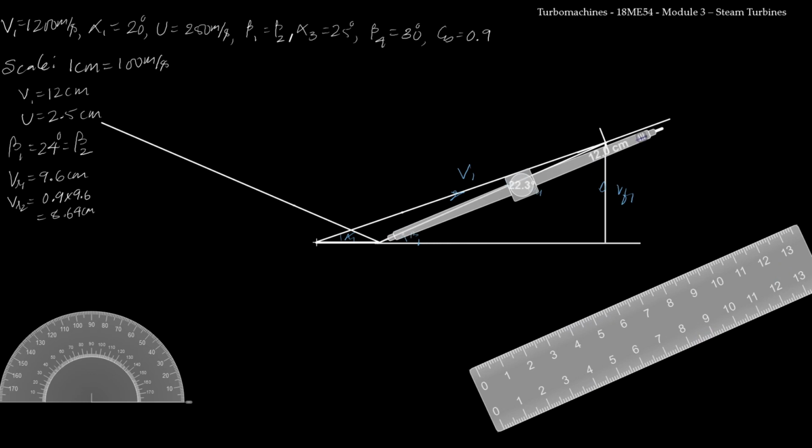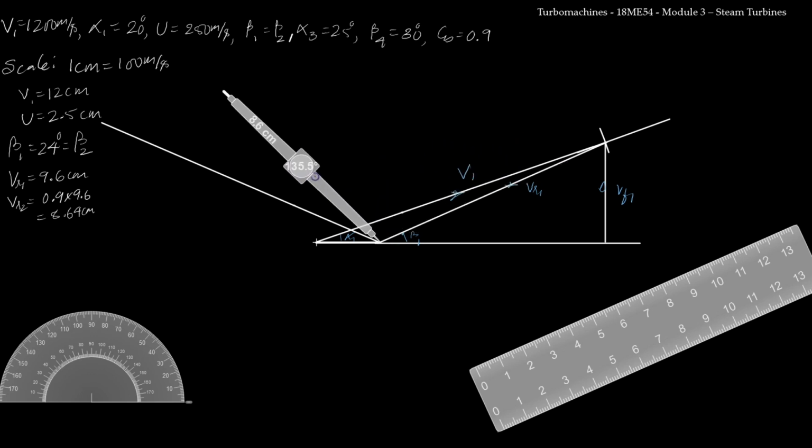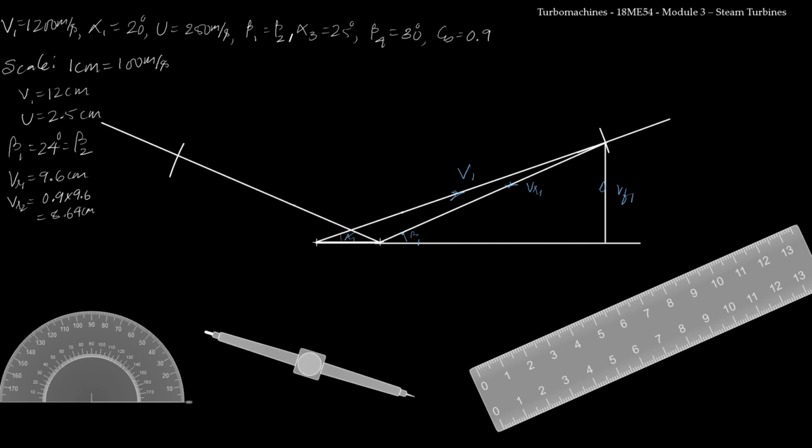I'll reduce its length to 8.6 centimeter. Then I'll take the compass to the other side. Now I'll cut an arc here. Now with the help of a straight line, I'll join this point with U here. This completes the construction of V2.